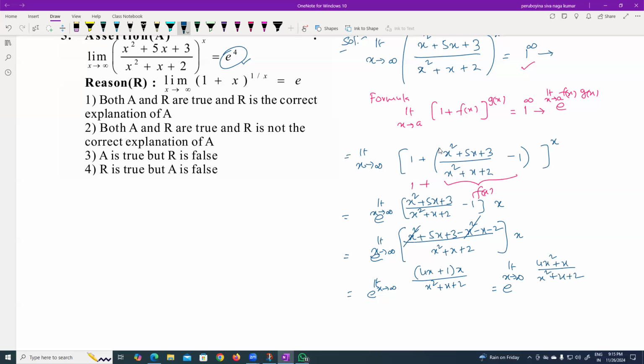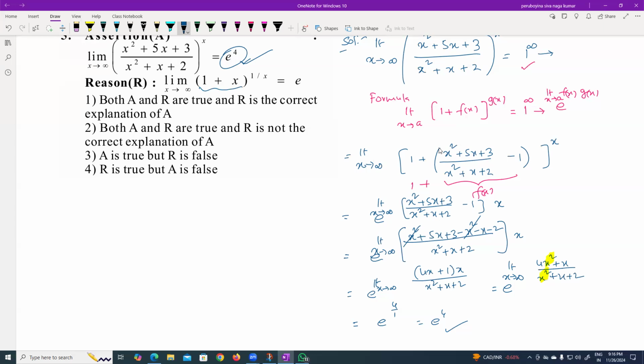Now we should identify the highest-degree terms when dealing with infinite limit problems. The highest term in the numerator is 4x square, in the denominator is x square. So their respective coefficient quotient is the answer. So 4 by 1. Of course, it is e power 4. That means what he said as the assertion was correct. And the reason also is correct.